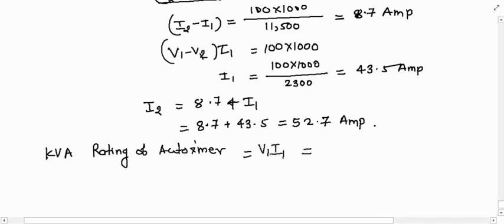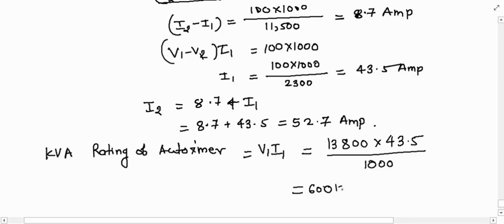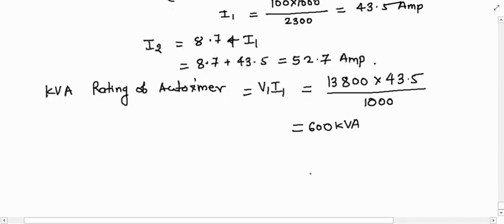What is V1? 13,800 into I1, which is 43.5, divided by 1000. So we will get the rating in kVA. So it will be 600 kVA. So a 100 kVA transformer, when it is connected as an auto transformer, its output will be 600 kVA.